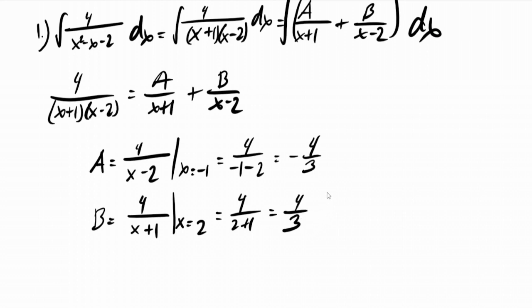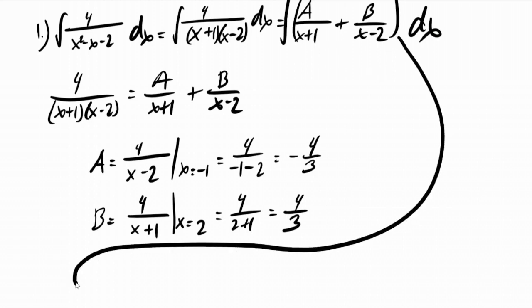Now what we're going to do next is substitute a and b with these two values in the same equation as this. So the integral of -4 over 3 over x plus 1 plus 4 thirds all over x minus 2 dx.